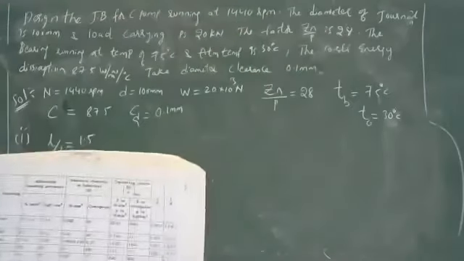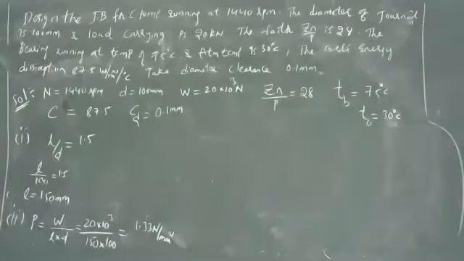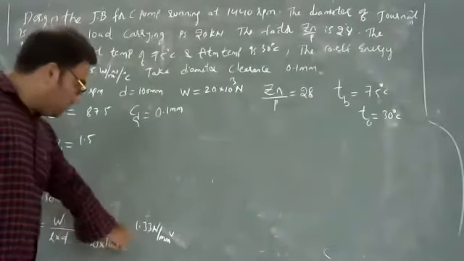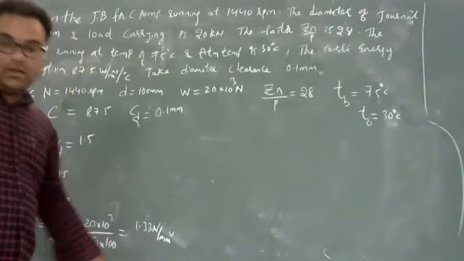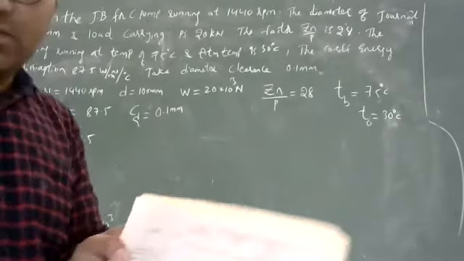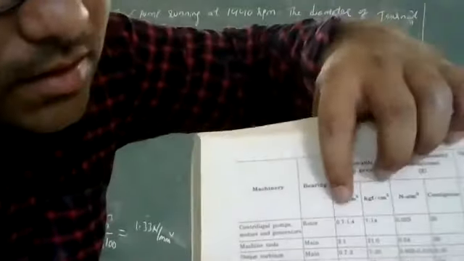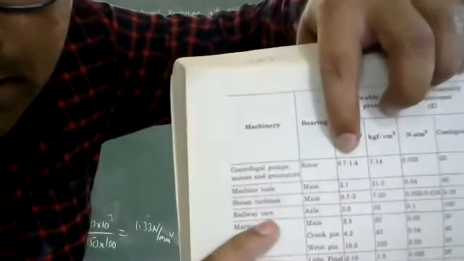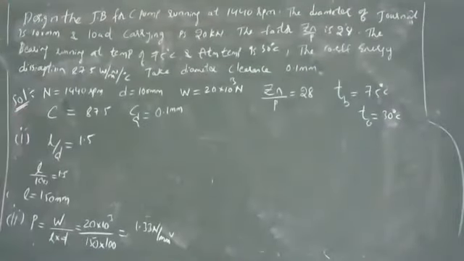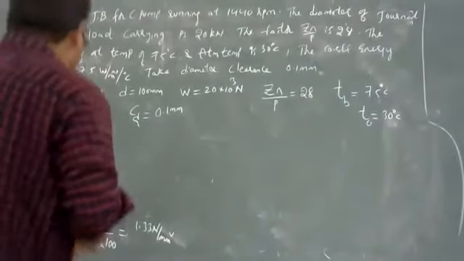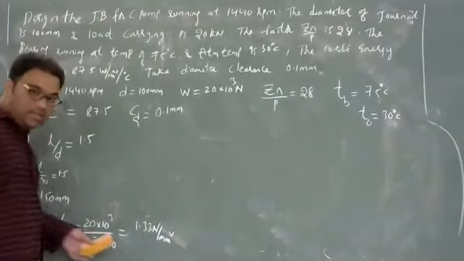Our answer is 1.33 Newton per millimeter square. So here also we are convinced with this solution. It is in a safe condition, the range 0.7 to 1.4 is there, so we are following a safe design. The pressure is accepted.